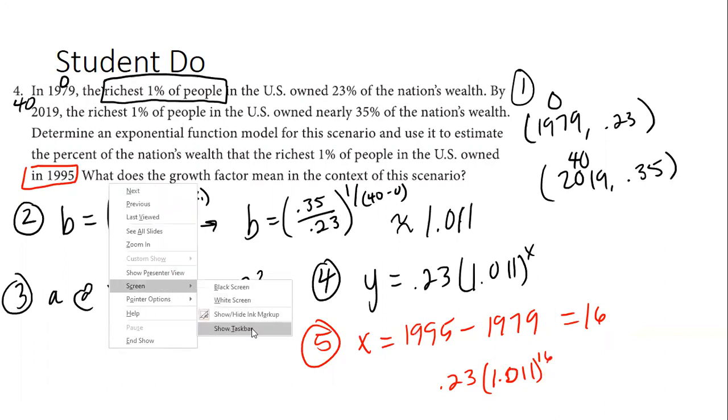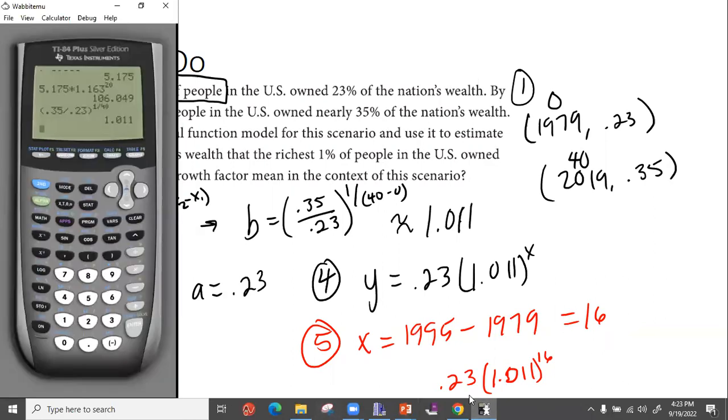Open my calculator. This is the only thing about this new calculator. It will not stay on the screen. So we have 23, 1 and 11 thousandths, I'm sorry. Close parentheses to the 16th power.